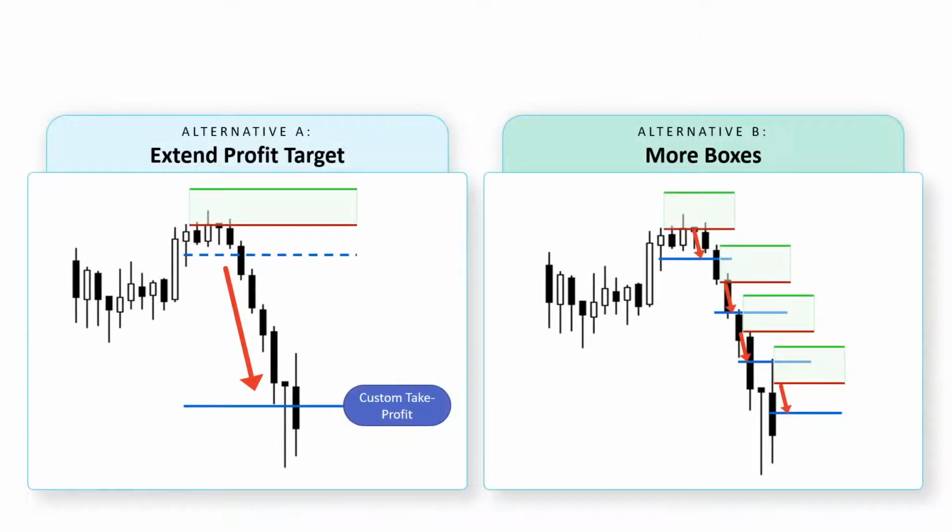One principle is to extend the profit target. If we come into a movement with our positioning and the first breakout is followed by a bigger movement, then we can of course use a custom take profit to extend our profit target towards the direction of the movement.